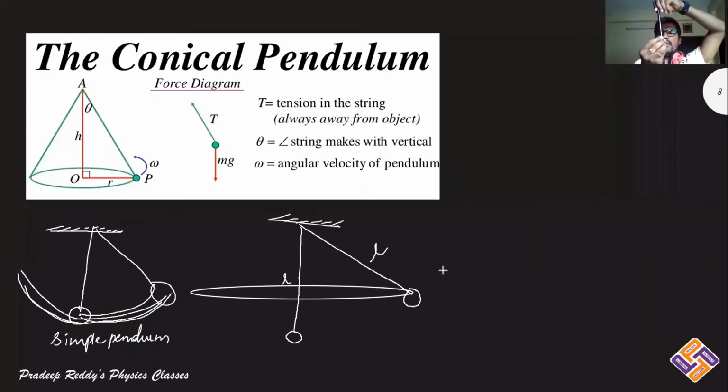For example, I take this simple pendulum to a certain height and revolve it like this. If it revolves in the horizontal path, it is said to be a conical pendulum. Conical pendulum makes oscillations in a horizontal circular path.